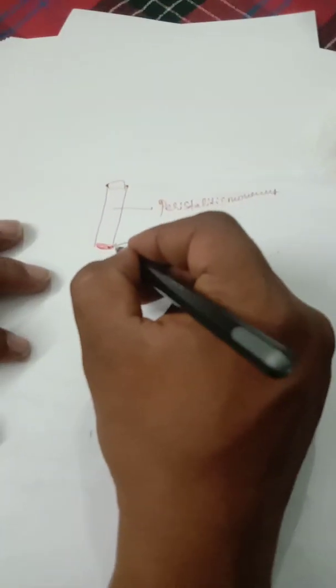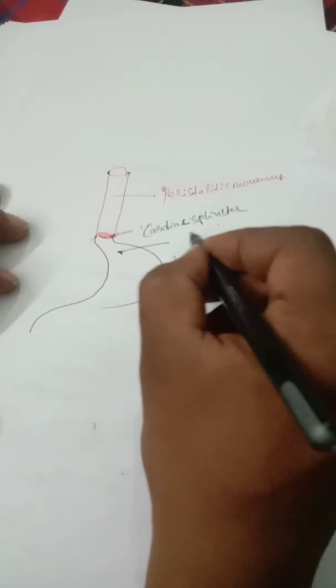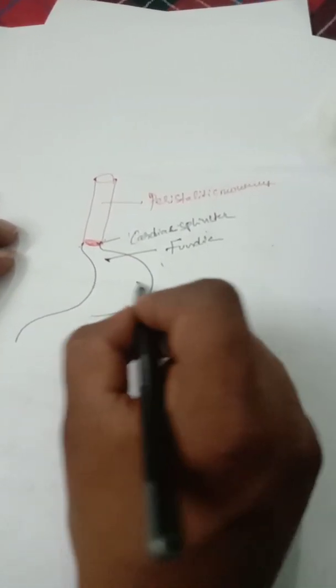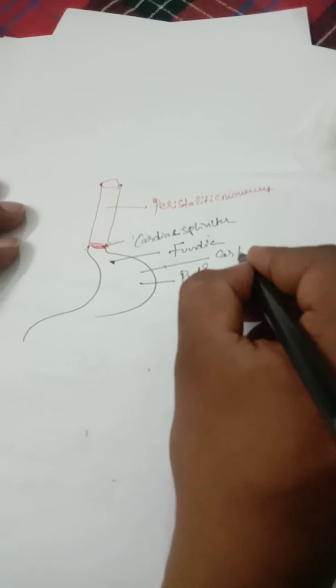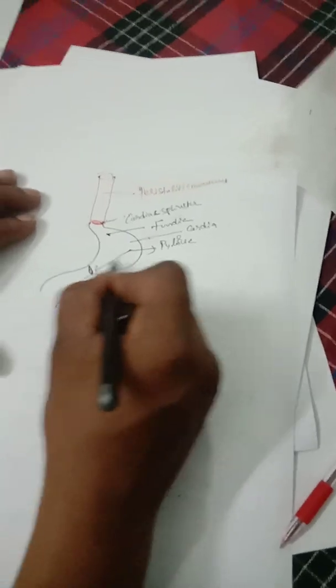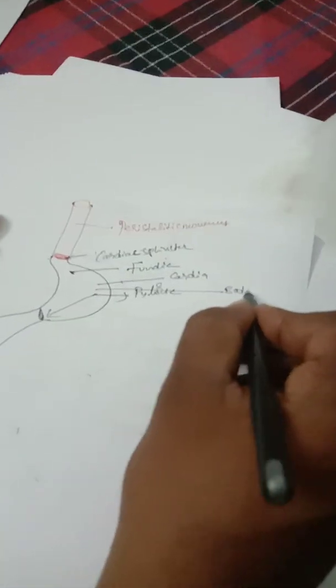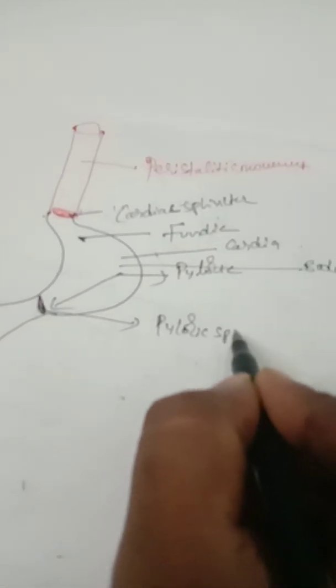There is one sphincter where the stomach starts, called the cardiac sphincter. The stomach has different parts: fundic, cardiac, and the last part pyloric. The middle one is called the body, and here there is a sphincter called the pyloric sphincter.